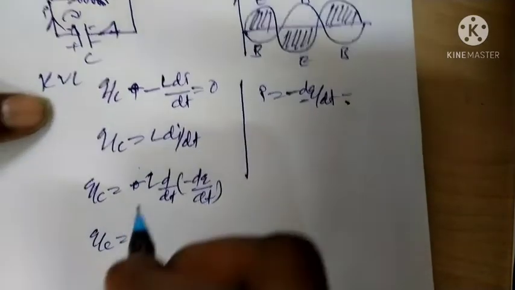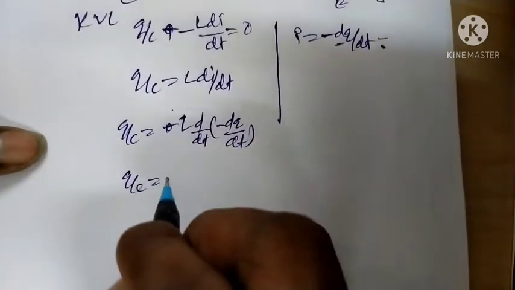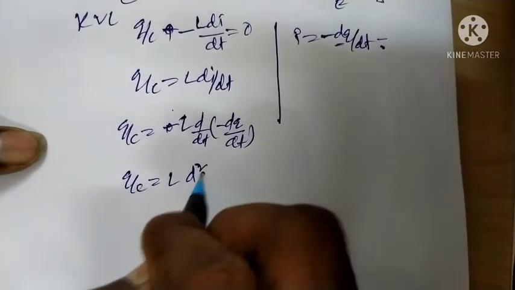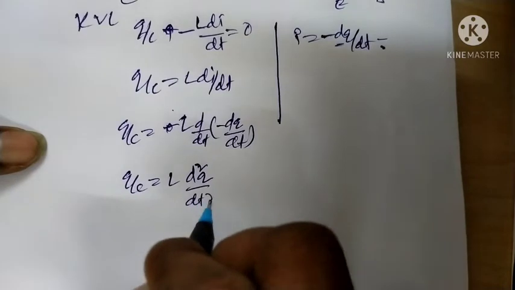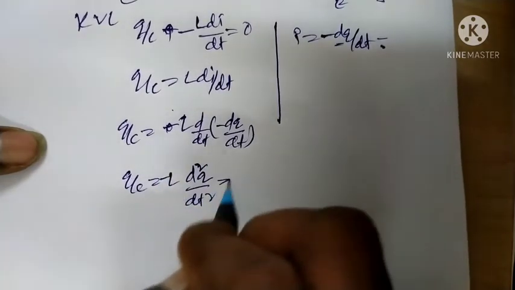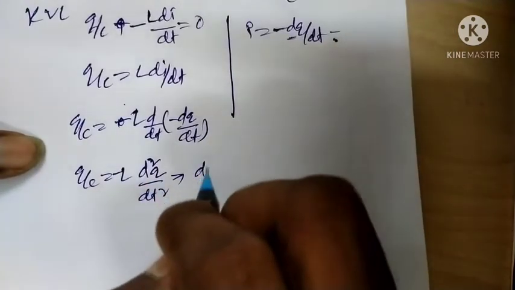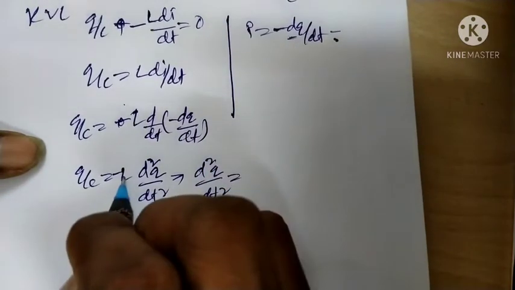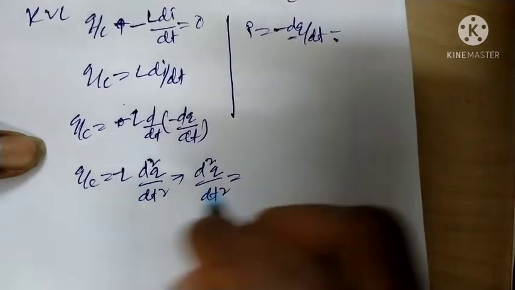Q by C is equal to L d square Q by dt square. This minus comes to this side. That means d square Q by dt square, and this L comes to the other side, the negative also comes to the side.